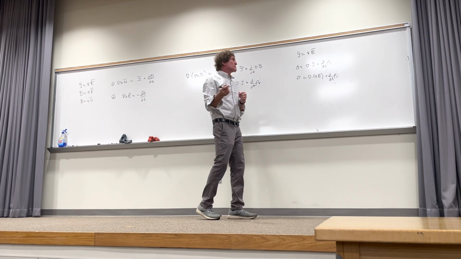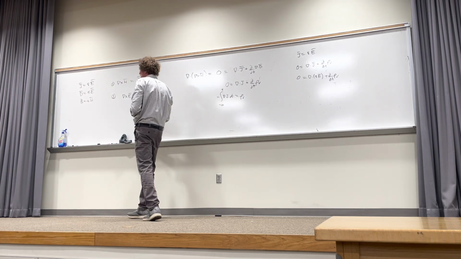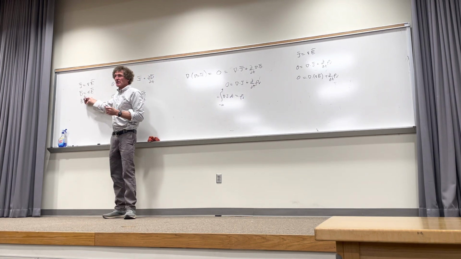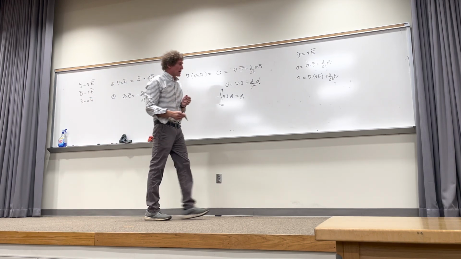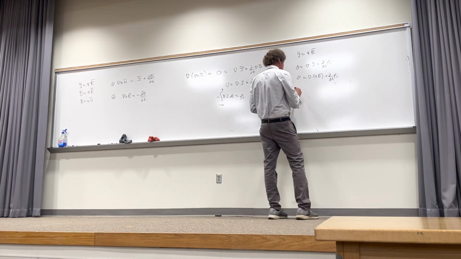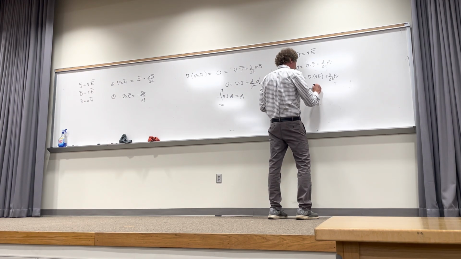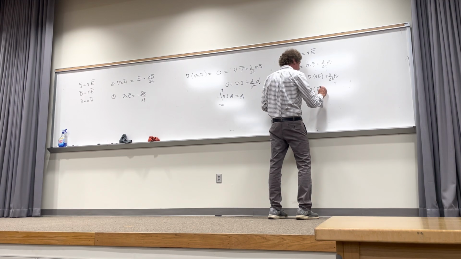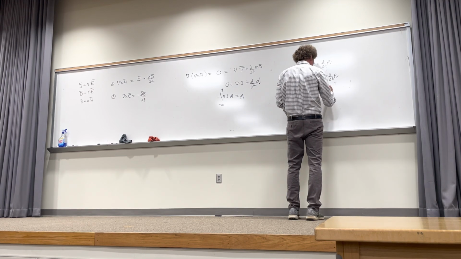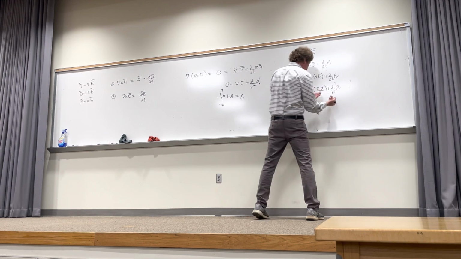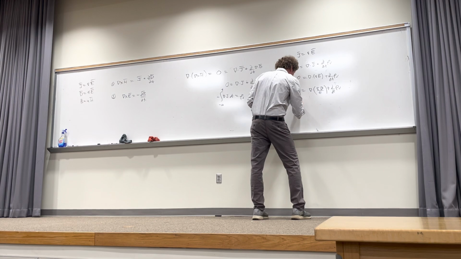Now, what is E with respect to D? D over epsilon. Y'all see this? So now I come over here and I say, well, I have 0 equals the divergence of sigma D over epsilon plus d/dt of rho V. And I can take the sigma and epsilon out in front.